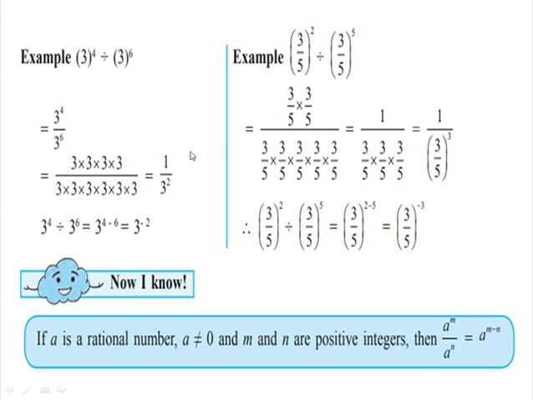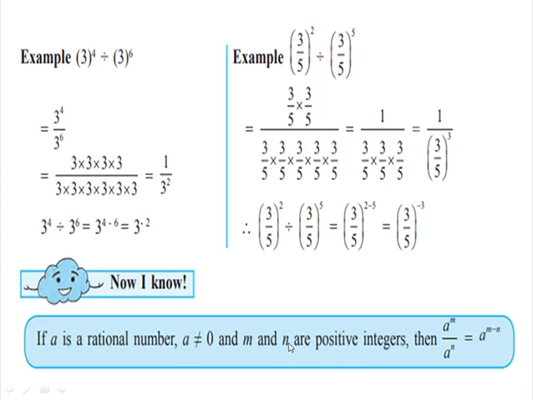So in these examples, even if the index of the numerator is smaller than the index of the denominator, we will subtract index of the denominator from the index of the numerator. We get the index of the answer. So if a is a rational number, that is the base is a rational number where base should not be 0, that is a should not be 0, and m and n are positive integers.